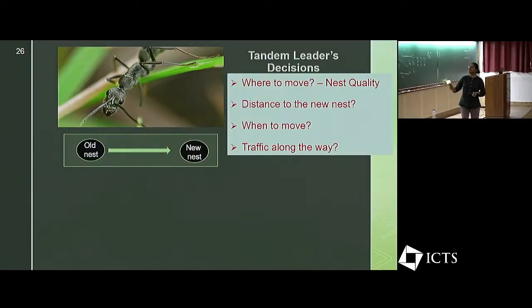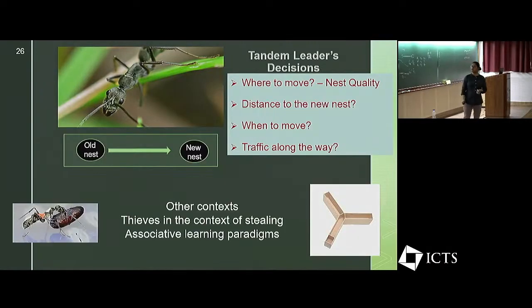So this is what we looked at this afternoon, but there are other contexts with these same nests and ants. So when thieves have to steal something and they're known to steal pupa, then their behavior is going to change, right? It's another context where we can look at decision making, because the life of this adult is at risk, and the gain is this pupa.